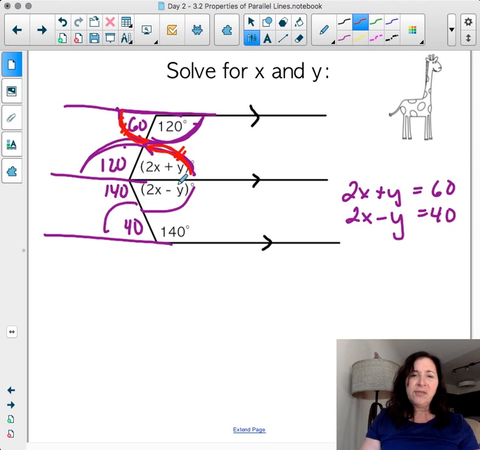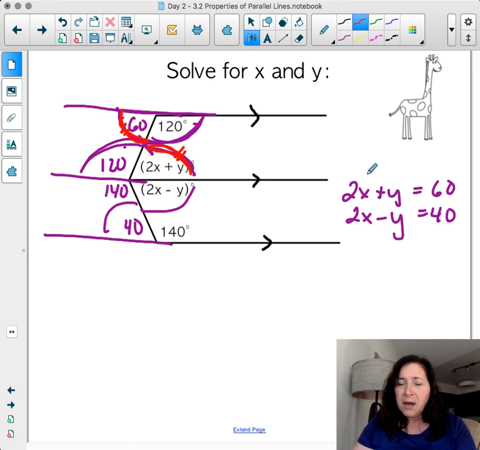There's so many different ways to do this. You just pick one way. This way that I'm doing this may not be the way that you solve the problem, but that's okay. There's a lot of ways to solve it. What you need to understand is we have an x and a y in both equations, which is good that we have two equations, because if you have two unknowns, you have to have two equations. There's a lot of different ways to solve two equations and two unknowns.